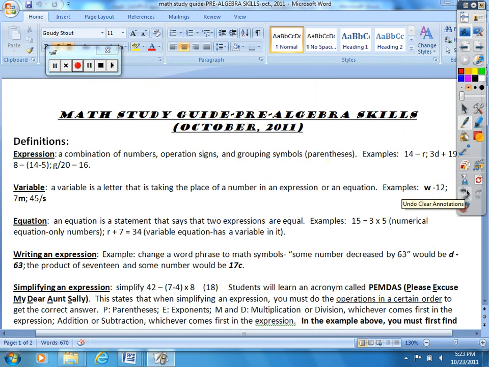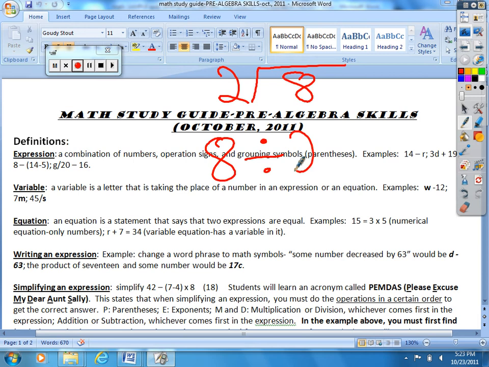A couple of other things you never see: a division sign. If I had 2 divided into 8, you'll never see that. There's one preferred method. You often see it another way, but I'll show you both ways here. All right, 8 is being divided by 2, so that says 8 is divided by 2. This will never be used. Another way of showing 8 divided by 2 is to express it as a ratio, a fraction.